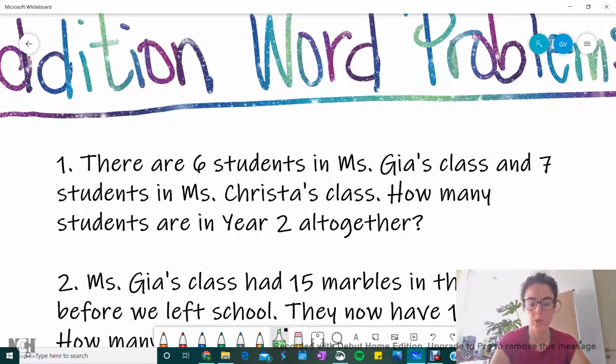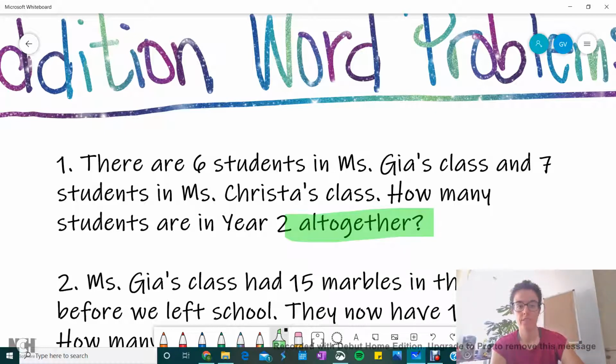First thing I want to show you, friends, is this word, all together. We know that this means addition because think about it. All together. When we imagine a group together, we are putting everyone mixed. So we're not talking about 2 different groups.